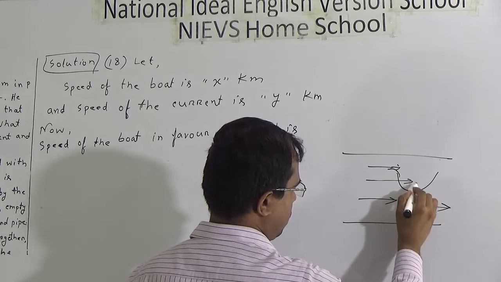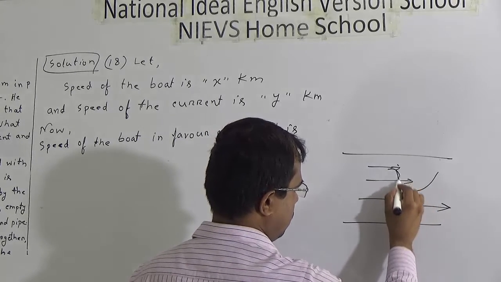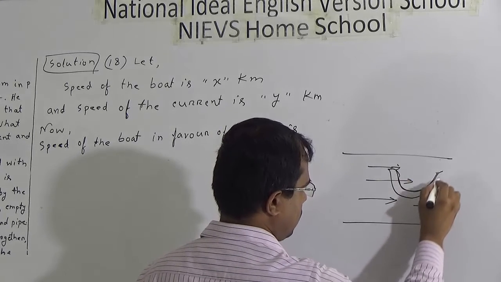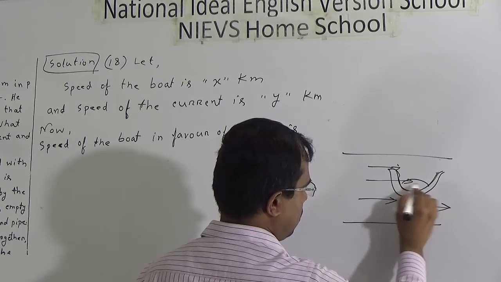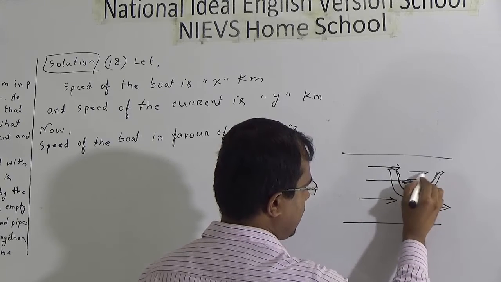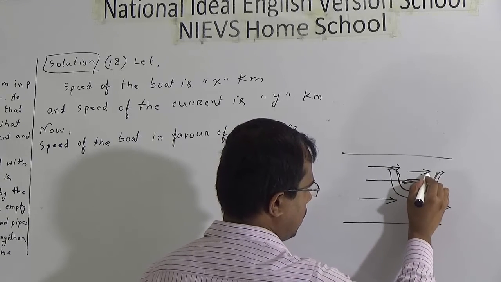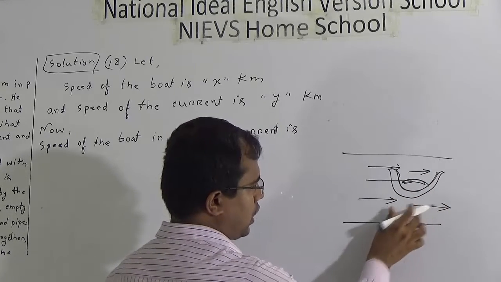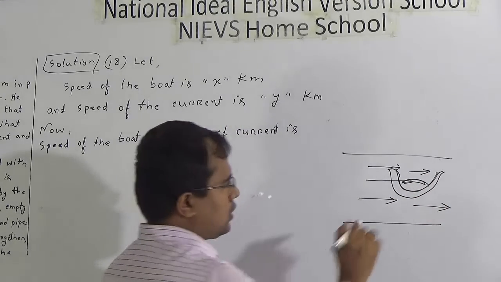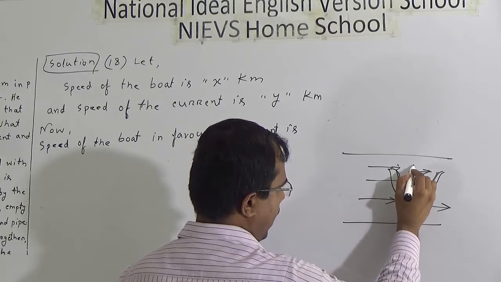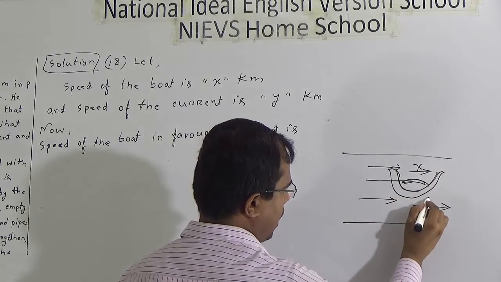This is a boat, and the boat direction is also the same direction. Direction of boat and direction of current are in the same direction. Here speed of the boat is x and speed of the current is y.